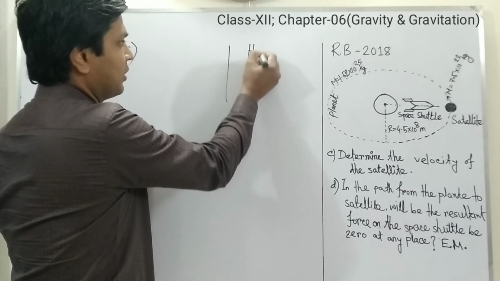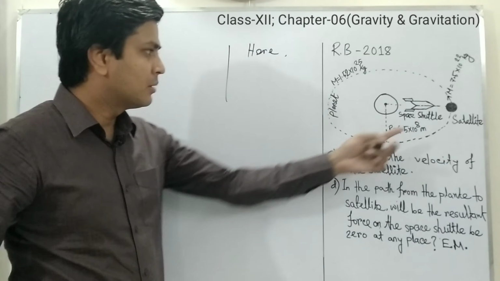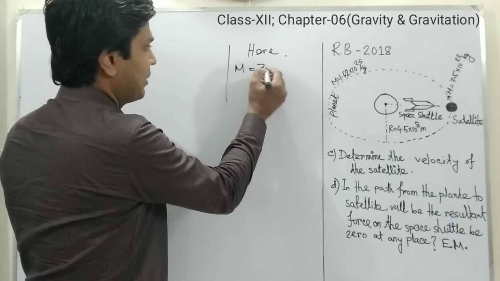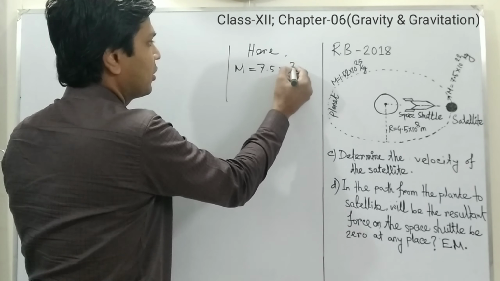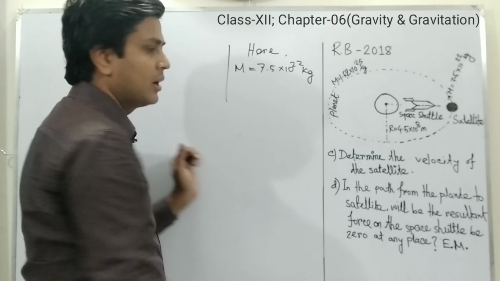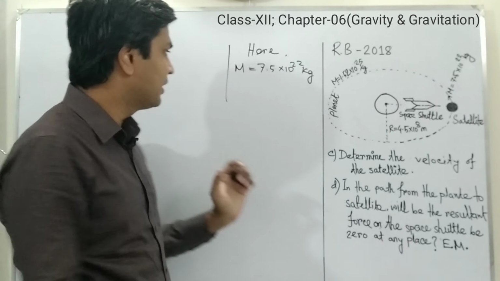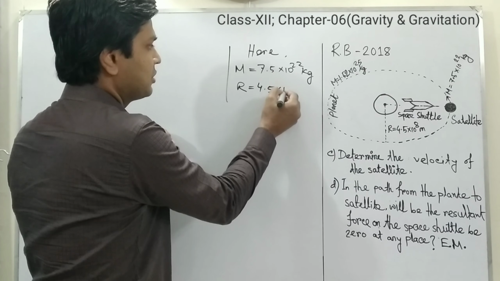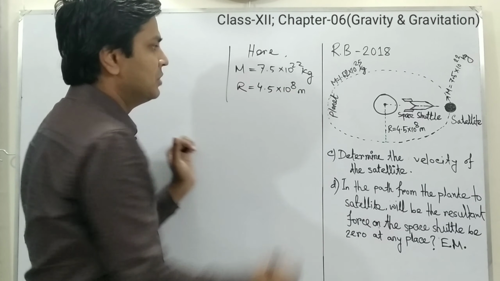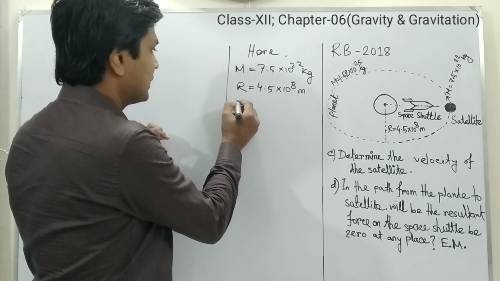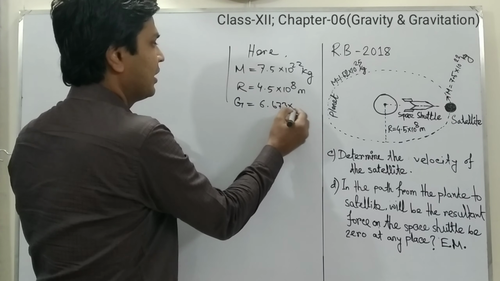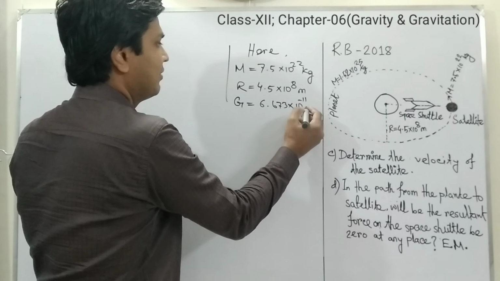Here the given quantity is the mass of the planet. The mass of the planet is given here 7.5 into 10 to the power 22 kg. The radius of the planet is given here 4.5 into 10 to the power 8 meter, and we know the gravitational constant G is 6.673 into 10 to the power minus 11.